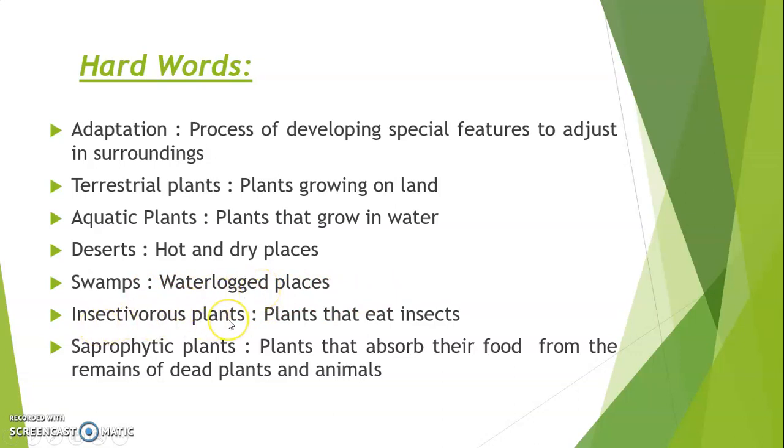Then are the insectivorous plants: plants that eat insects like Venus flytrap, sundew, and the pitcher plant. Saprophytic plants: the plants that absorb their food from the remains of dead plants and animals like the coral roots and Indian pipe. So these are the hard words of the chapter.